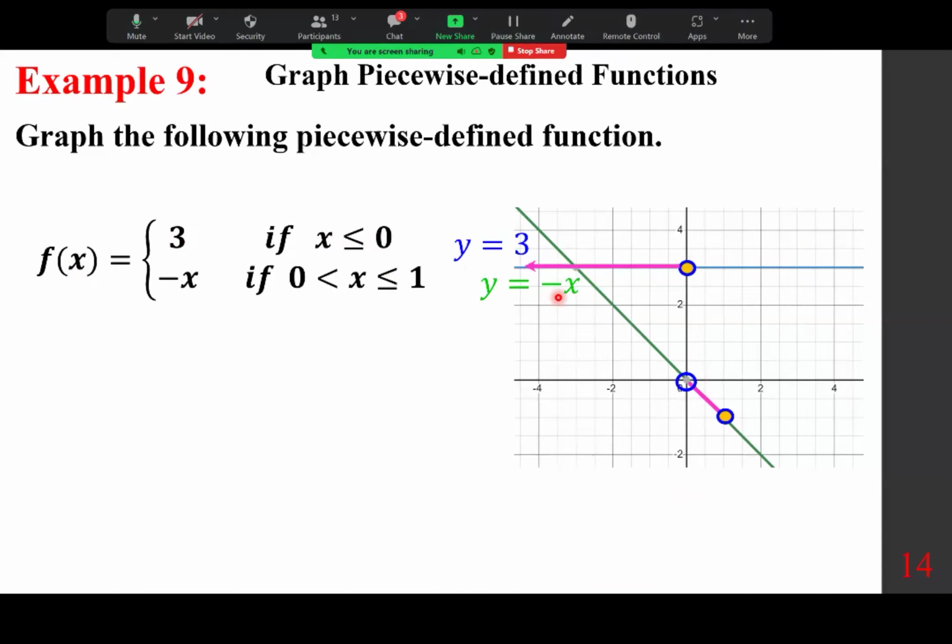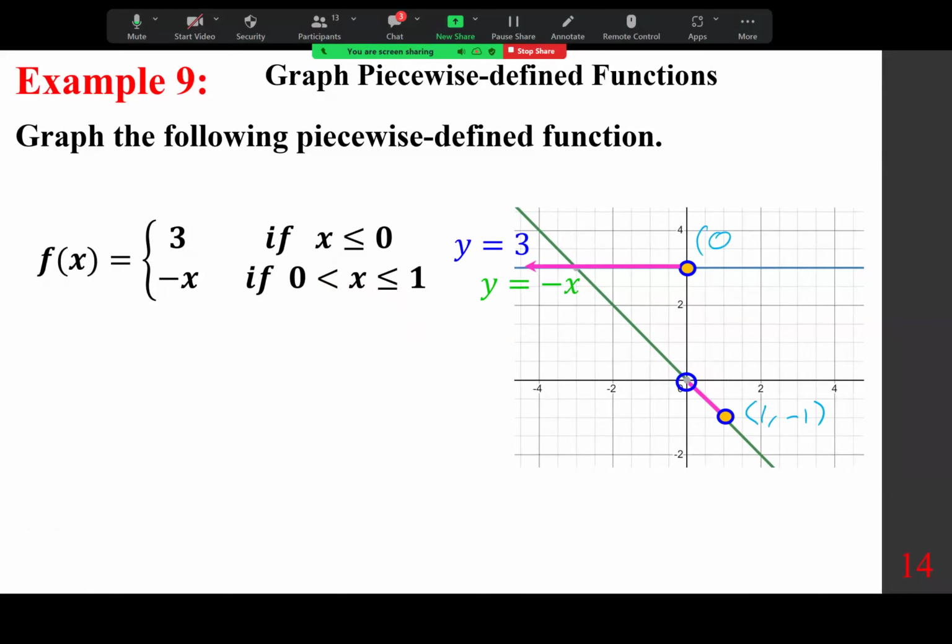What about y equals minus x? Well, when it's between 0 and 1, 0 is not included because we don't have equality. 1 is included. This point has coordinates 1, -1.